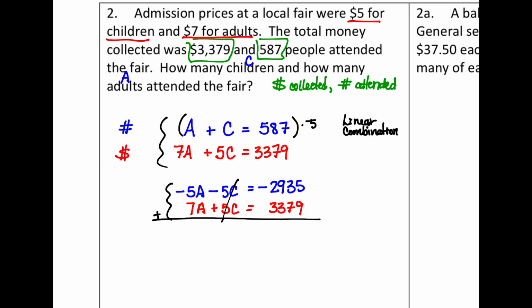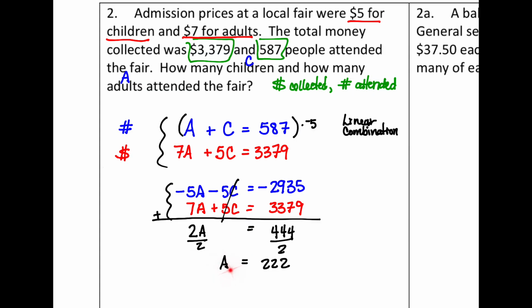I end up with 2A is equal to 444, I believe. I'm trusting that I didn't fat finger anything. Divide by 2, divide by 2, and A is 222.